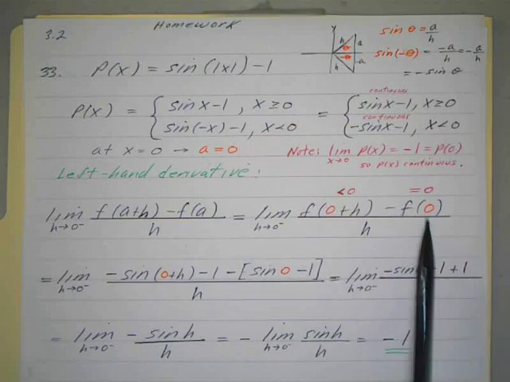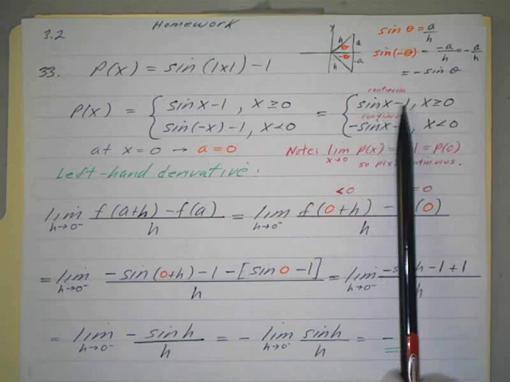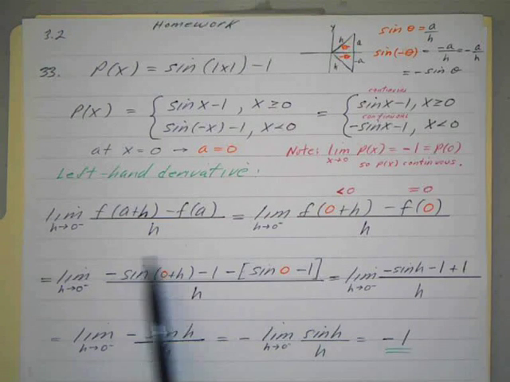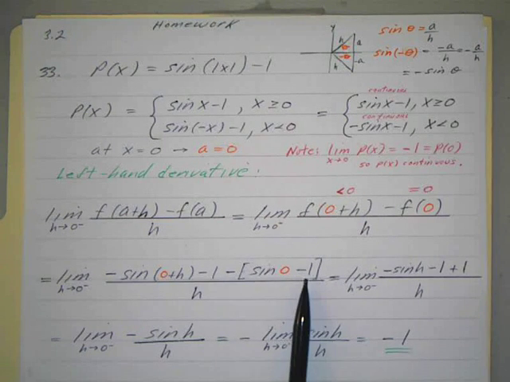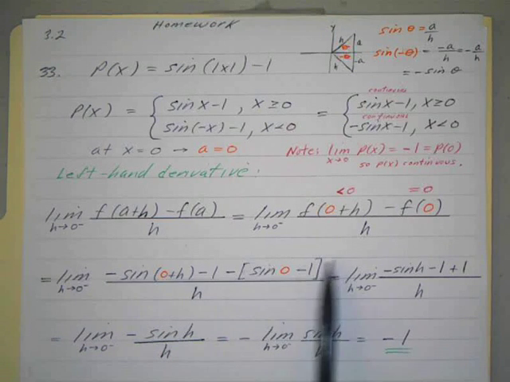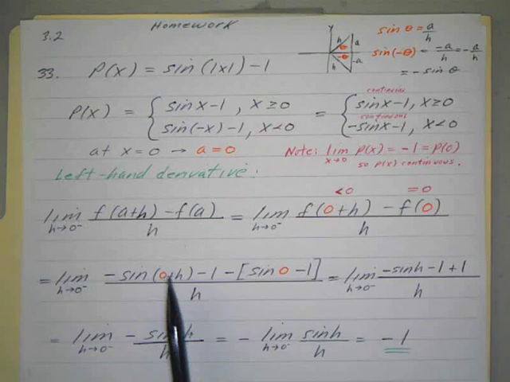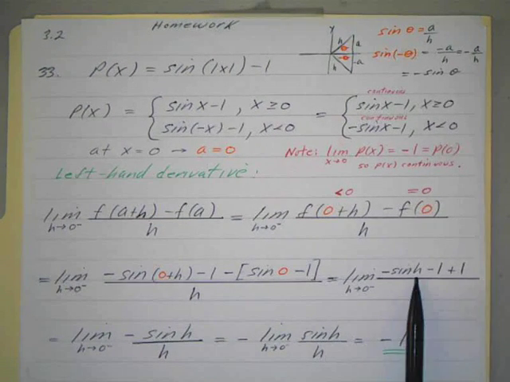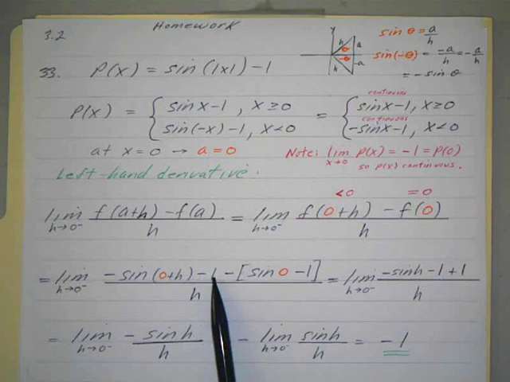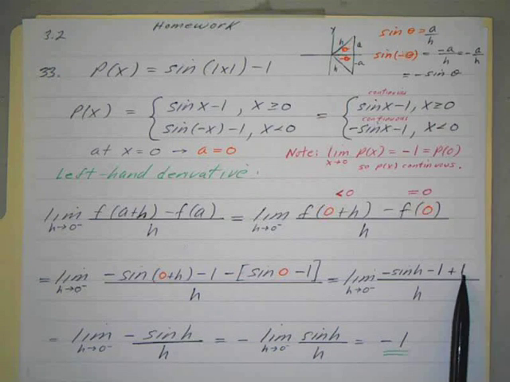And then f of 0 is just sine of x minus 1, so I put that in over here. Then 0 plus h is just h, so I've got negative sine of h, minus 1, and then sine of 0 is 0, and negative 1 times a negative 1 is a positive 1.